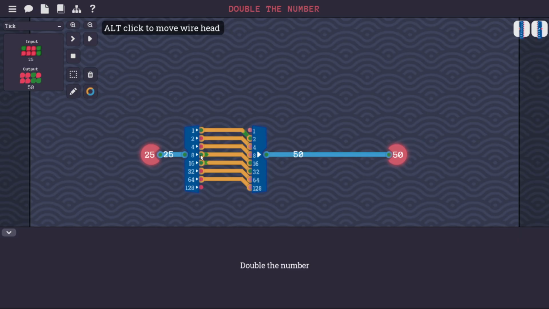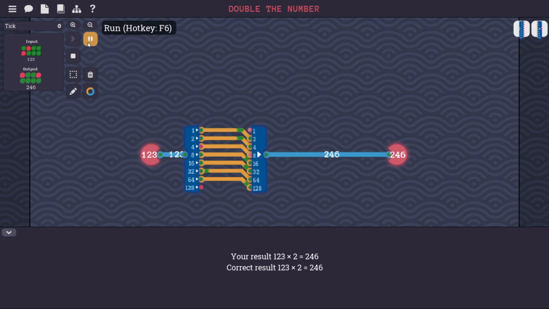Essentially we would have this 8 going to 8, and that output would be the same 25. But now we are shifting it, and now 16 goes to 32, and the resulting binary is the double of that number. So this is how we double the number, and we can test it.